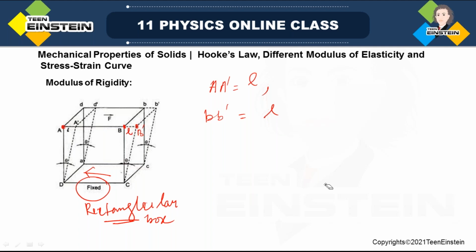And this shearing strain, look here, is an angular strain. If you measure it by angle, this is theta. Okay, this is theta. So the rigidity modulus is written as eta. Eta can be written as tangential stress by shearing strain.